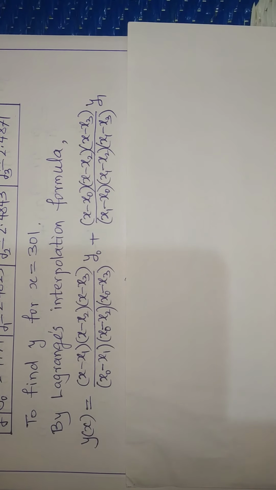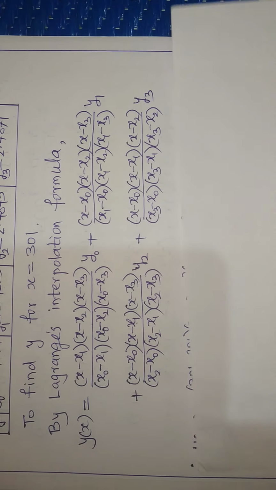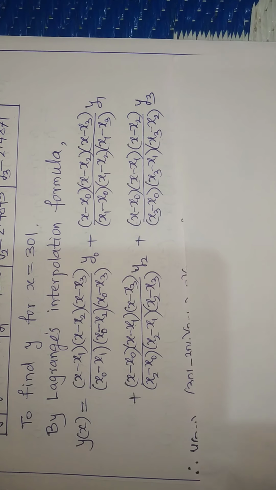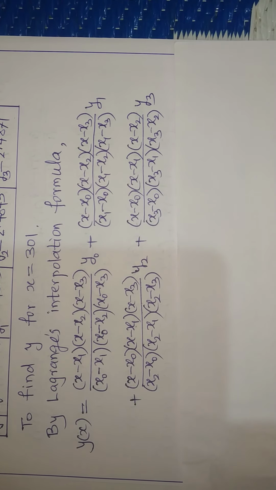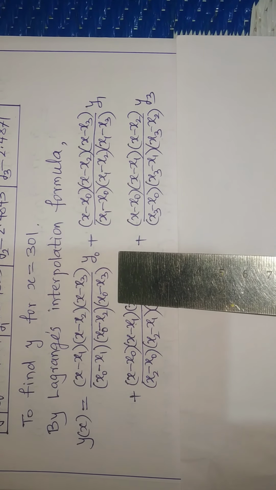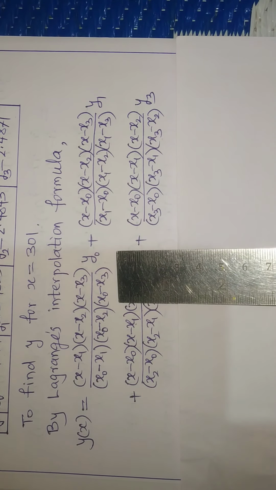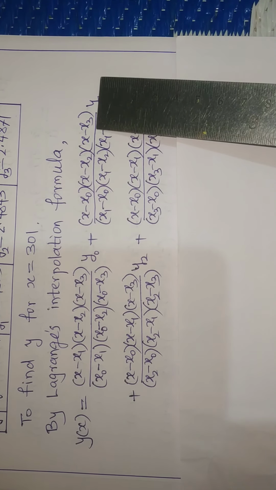By Lagrange's interpolation formula, y of x is equal to x minus x1 into x minus x2 into x minus x3. Here we have skipped the point x0 and the denominator is x0 minus x1, x0 minus x2, x0 minus x3, and this complete quotient is multiplied by the functional value y0, plus x minus x0, x minus x2, x minus x3.